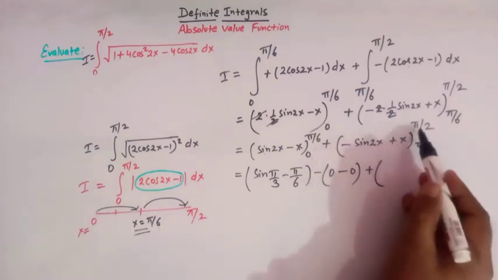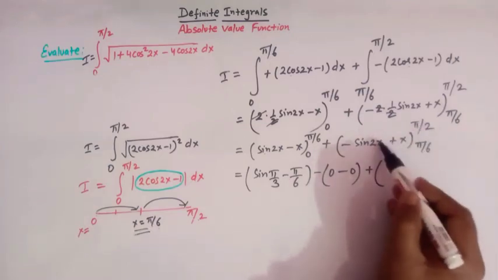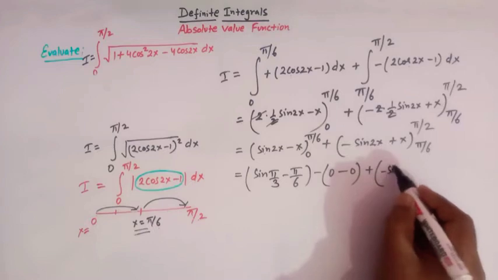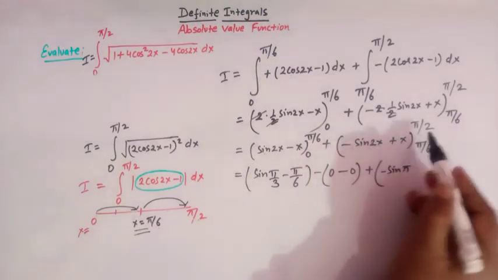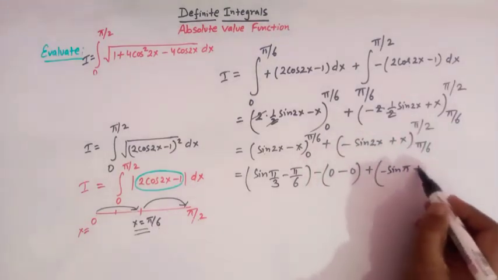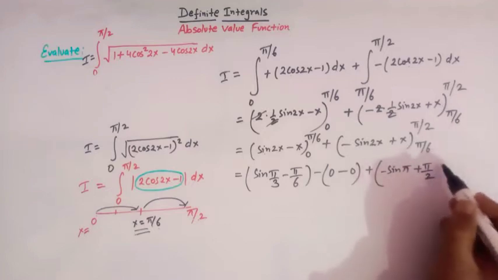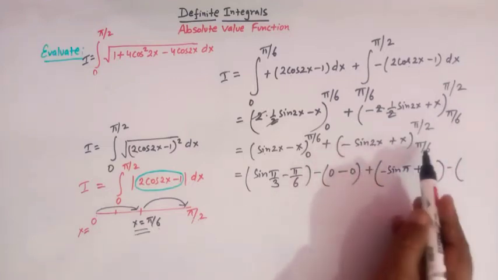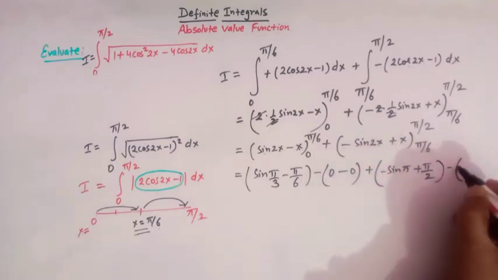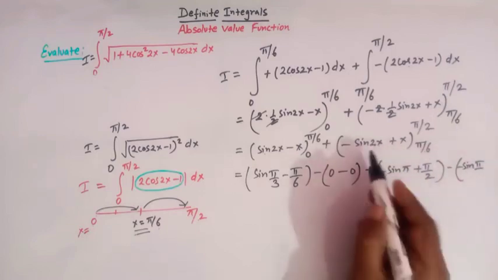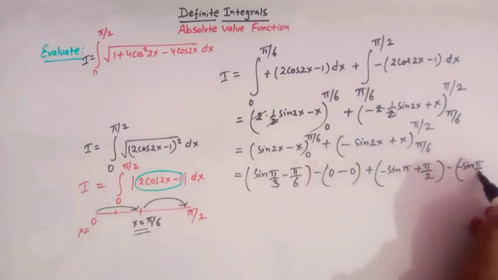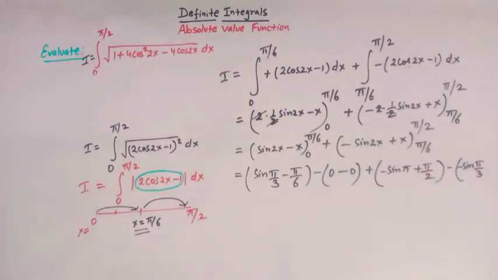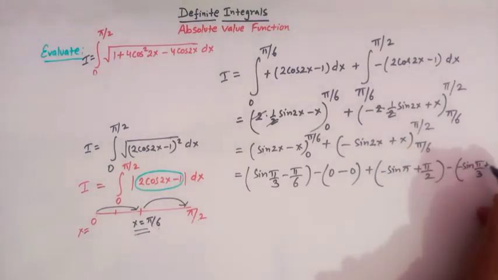And here when we take x is pi by 2, then we have minus sine pi, because 2 and 2 get cancelled, and here we have pi over 2, and minus, then we have here x equal to pi by 6, so we have minus sine of 2 times pi by 6, which is pi over 3, plus pi over 6, right?